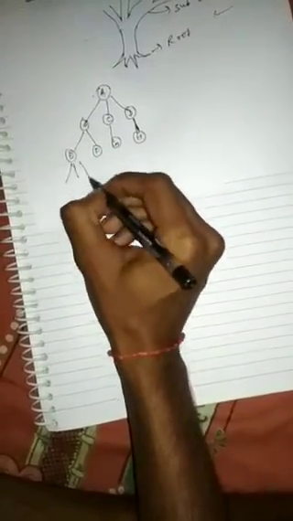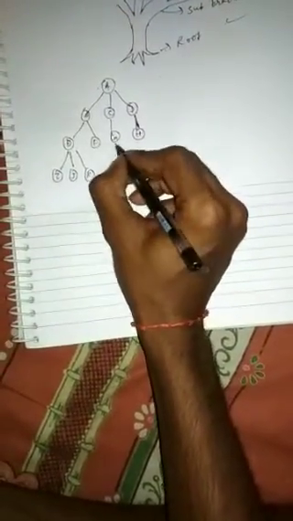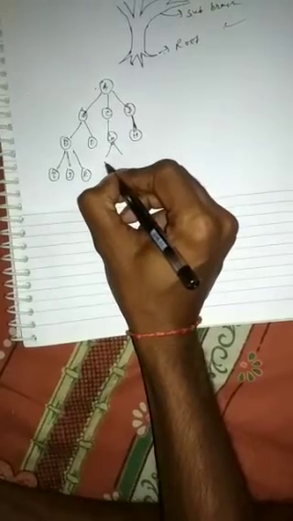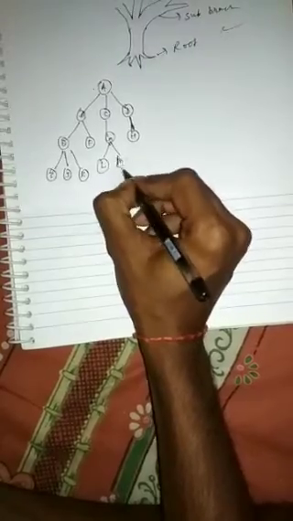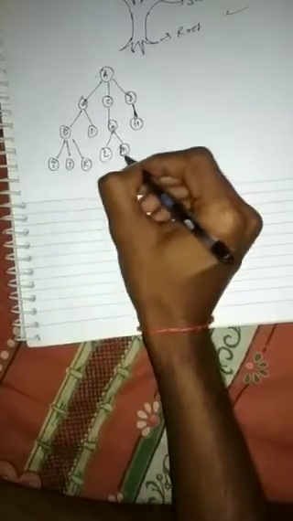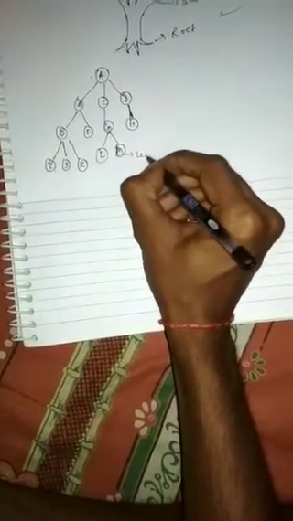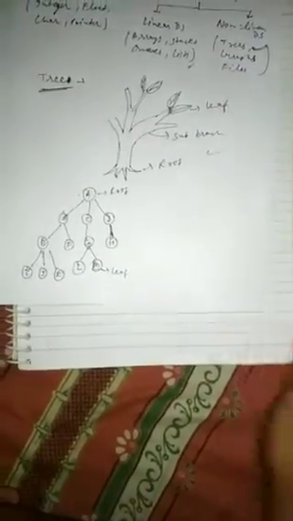Then I, J, K, and for G two children, L and M. Here I, J, K, L, M are the leaf nodes, and this is the root node. So you can see the difference between the original tree and the data structure tree.